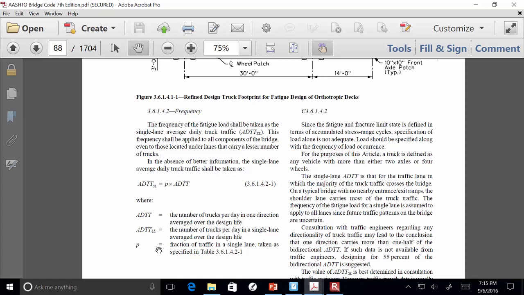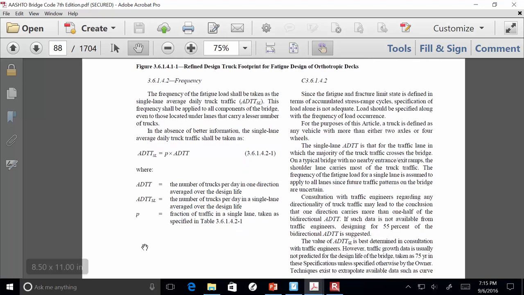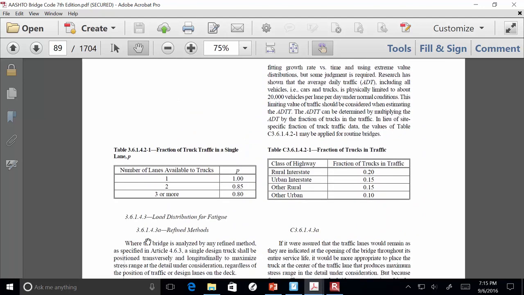Fatigue was all calibrated based on a single truck. So there are methods for taking ADT, converting it to ADTT, average daily truck traffic, and then converting that to average daily truck traffic for a single lane, which we'll talk about later. And it all depends on things like how many lanes are available, are you dealing with an urban interstate, a rural road, or what have you. Okay.